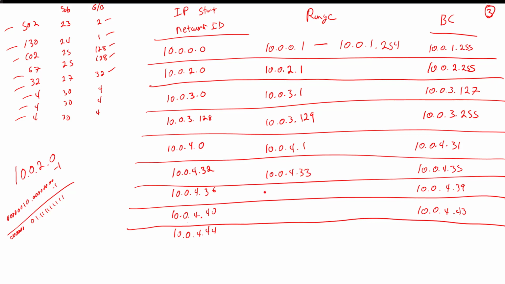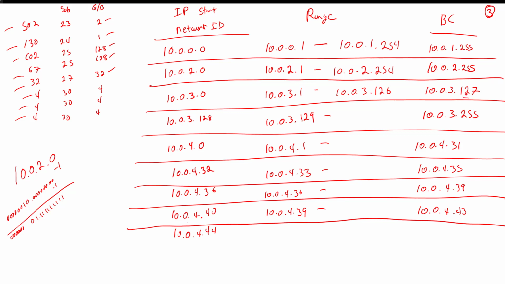Row 33. And again, we go through 1 less than the broadcast. 10.0.3.126.